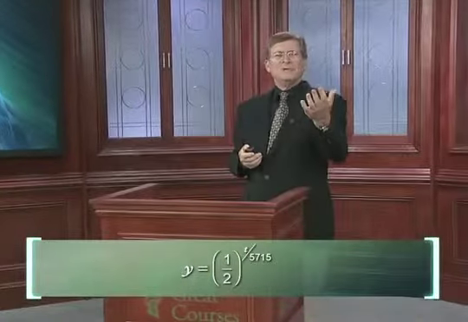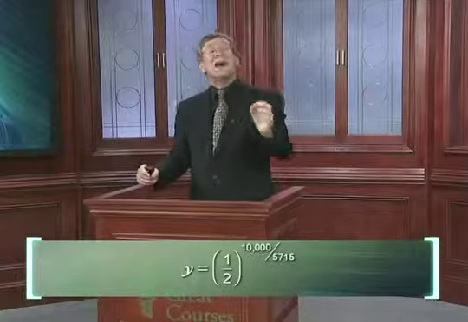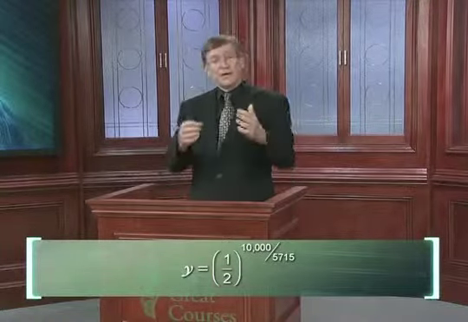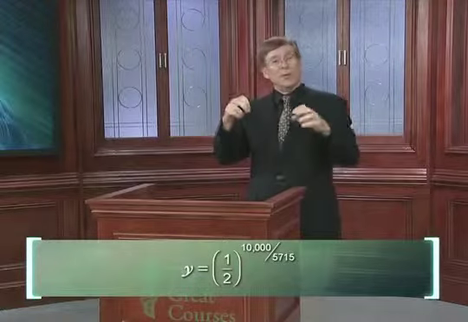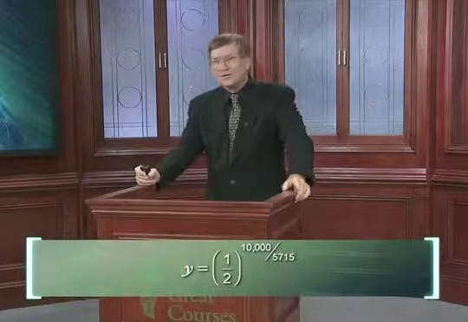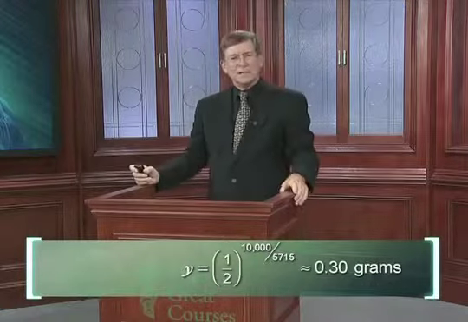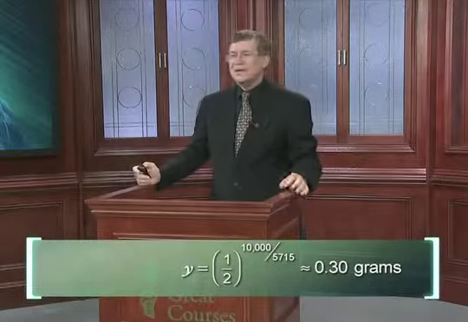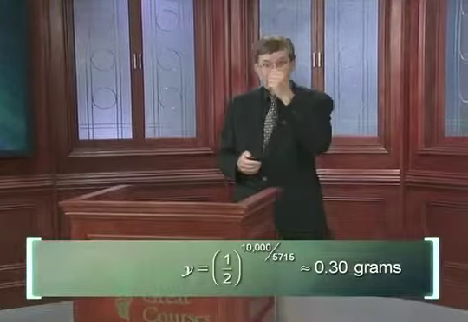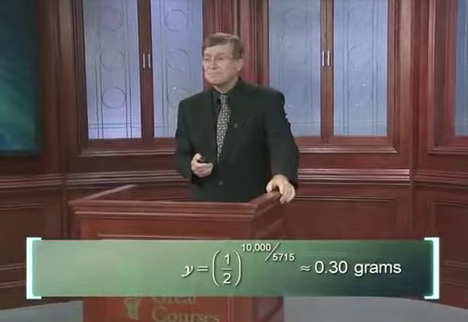So all you have to do now is plug in 10,000 for T, and on a calculator, calculate 1/2 to the power 10,000 divided by 5,715, and you get approximately 0.3 grams. That's how much carbon-14 is left in your sample after 10,000 years. Good.